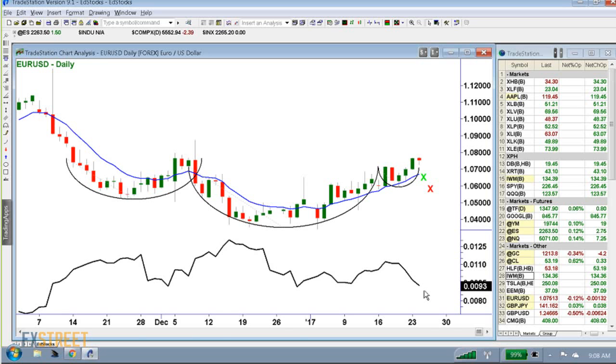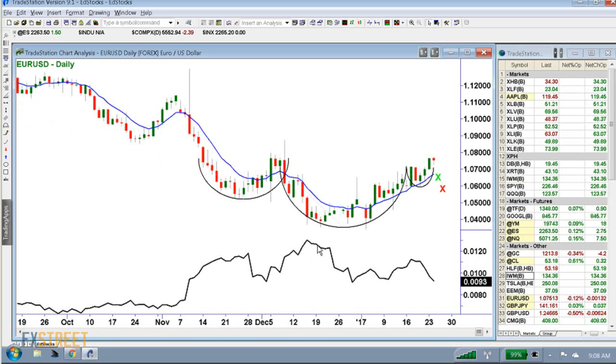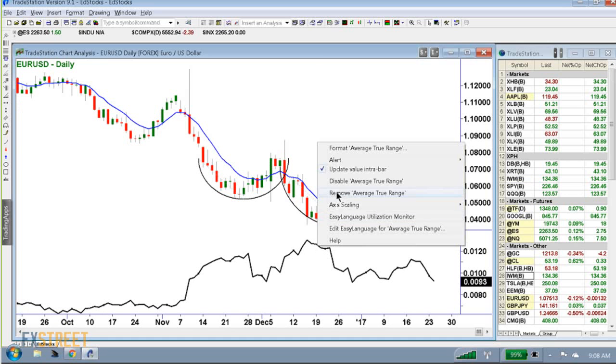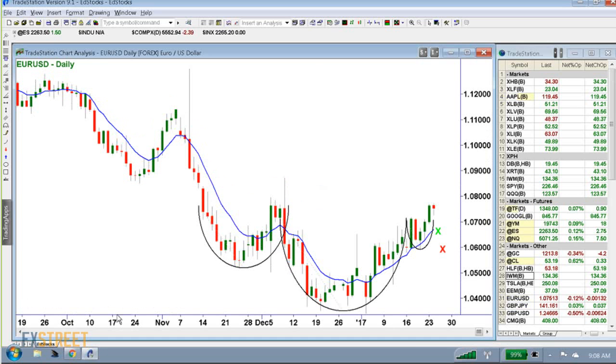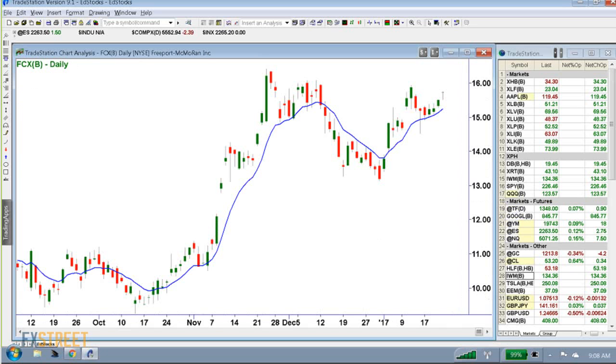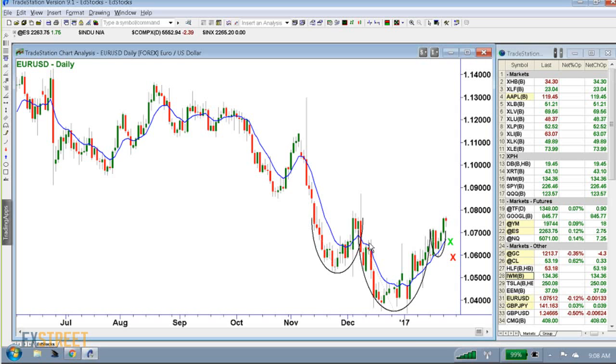Now, another interesting thing that's been happening: when I see that inverted head and shoulders, it reminds me that we're beginning to see similar patterns in strange places. I want to teach you something today about these patterns. Inverted head and shoulders after a downtrend is a reversal pattern. It means the price is going to go higher.